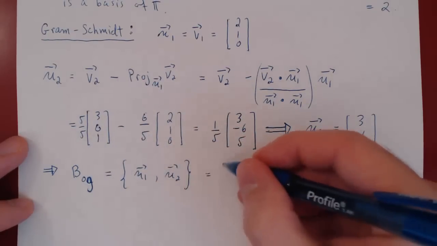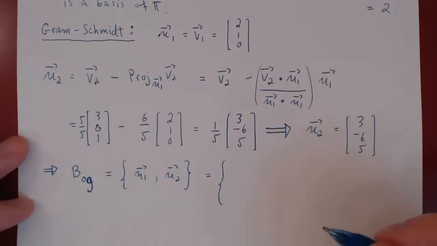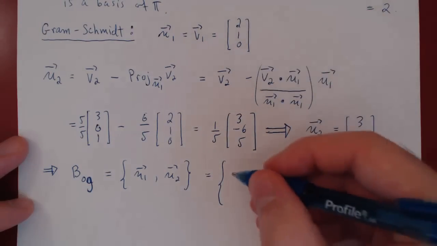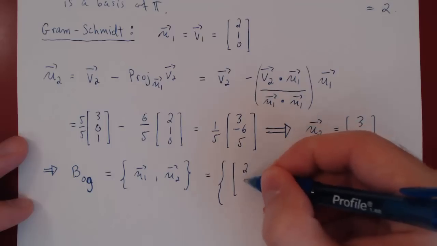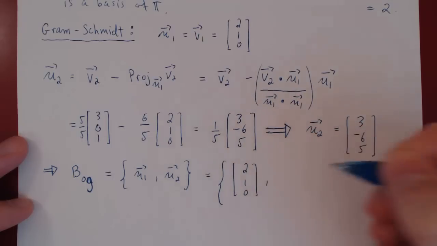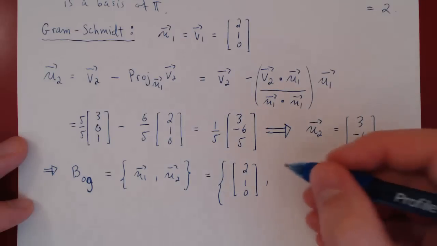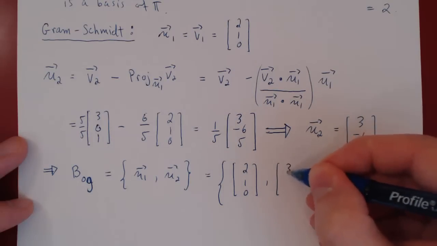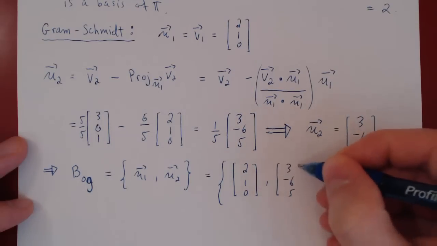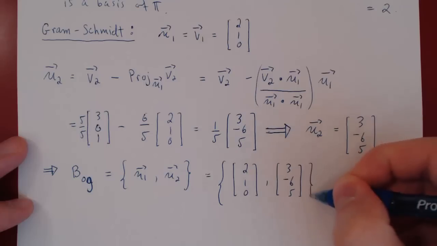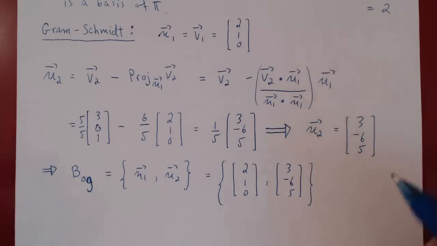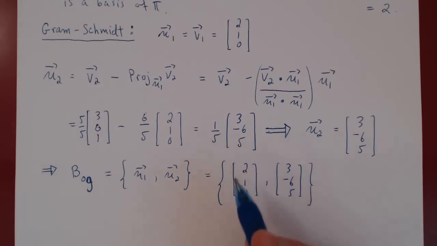And if you want them explicitly, well, vector u1 is 2, 1, 0, vector u2, after we remove the 1 over 5, is 3, negative 6, 5. And we now have an orthogonal basis of this plane.